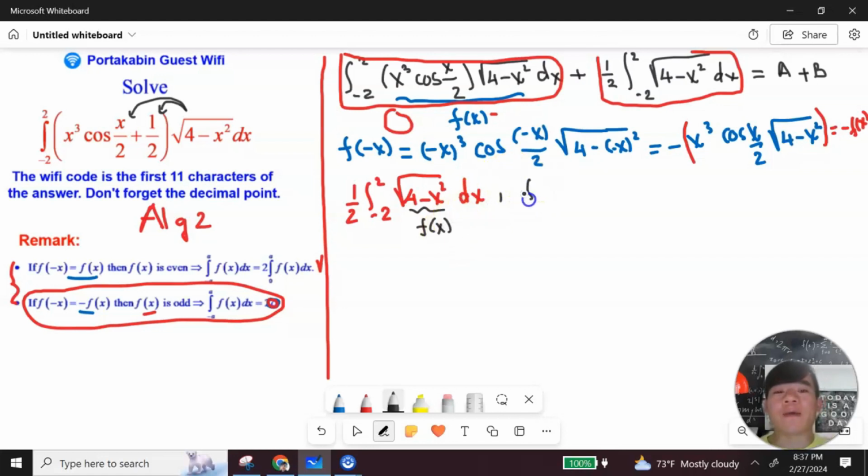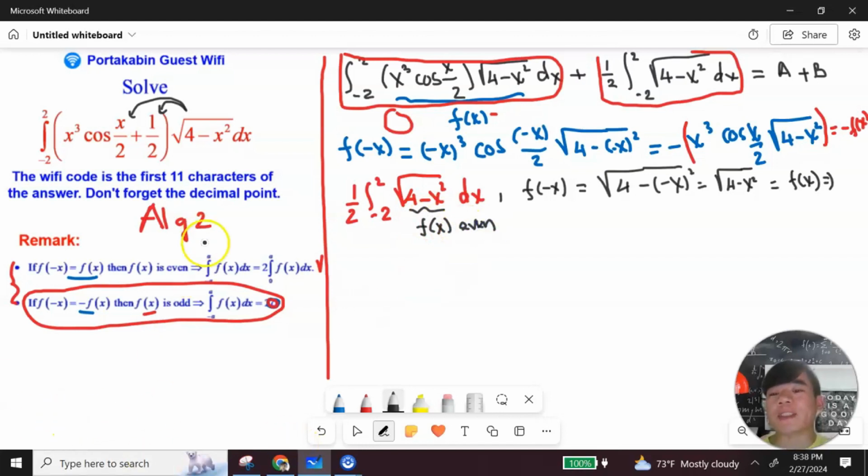So I have f of negative s equals root 4 minus negative s squared. And negative s squared is going to be s squared, so it's going to be root 4 minus s squared. And this is actually f of s. So f of negative s equals f of s, and this is actually an even function. So f of s is even.